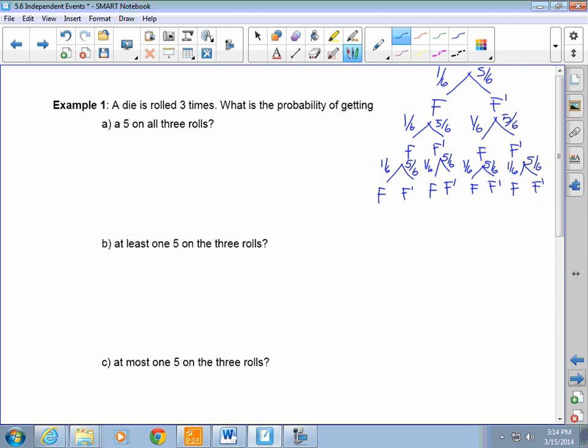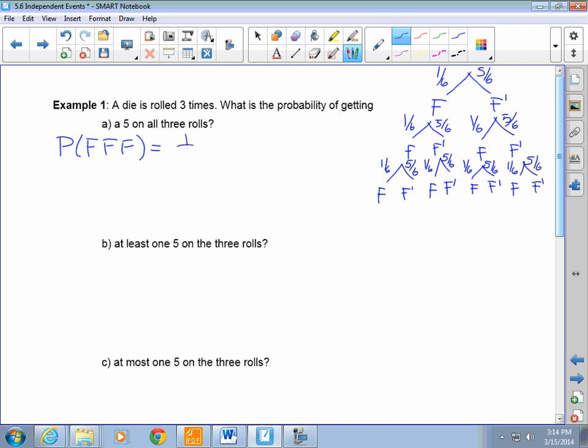So what are the chances then that you got a 5 on all 3 rolls? So this is the probability of a 5, and a 5, and a 5, which means I'm going to multiply. So if I take a look at my nice little tree here, the probability of a 5 on the first is 1/6, on the second is 1/6, on the third is 1/6.